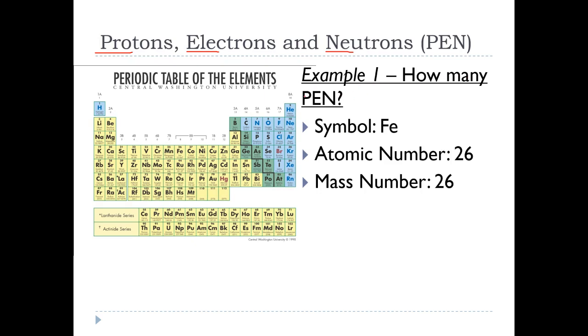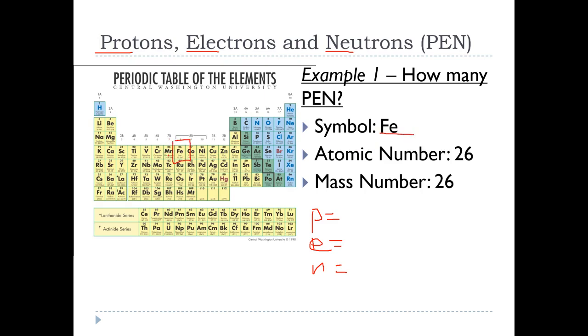We have how many pen, or how many protons, electrons, and neutrons. So we need protons, we need electrons, we need lowercase e, and neutrons. Well, if you remember protons, that's always the atomic number. So we've got 2 things that we can use to get that. First of all, they give us the symbol, which is Fe right here.